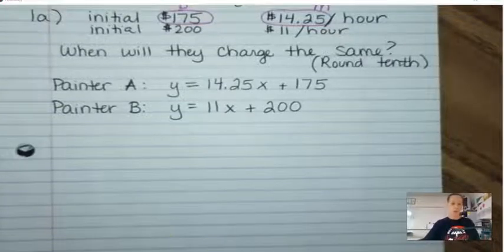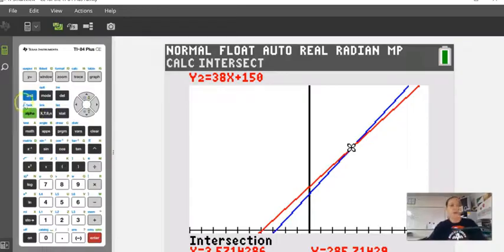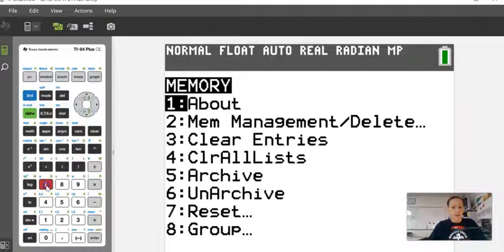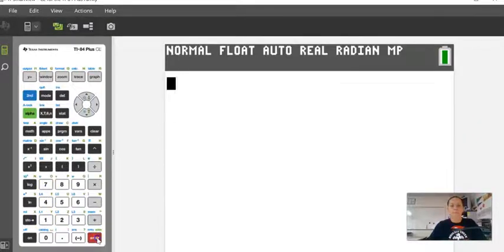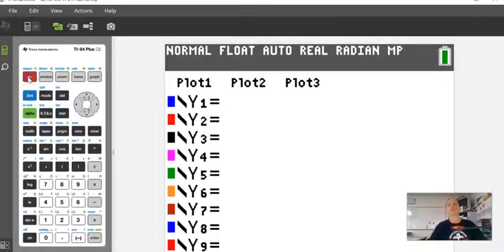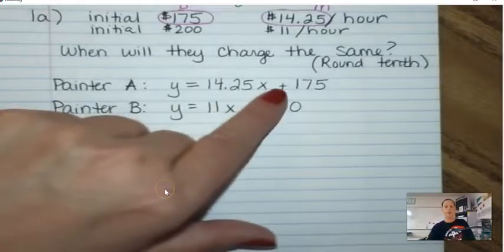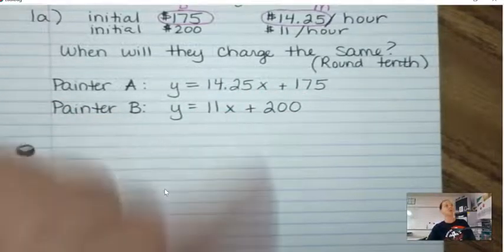Okay, let me clear everything out real fast. If you have a graphing calculator, we're going to take these two equations and put them into the graphing calculator. Click y equals, right here. We had two equations; we're going to put in this equation first and then this equation.